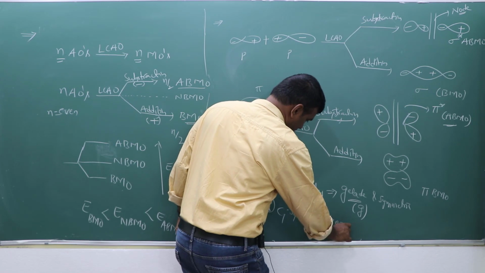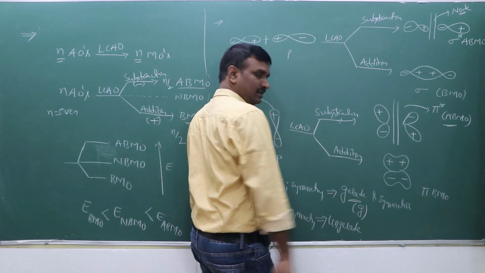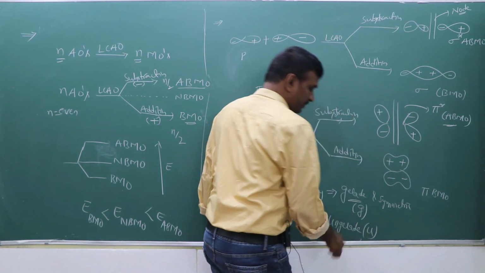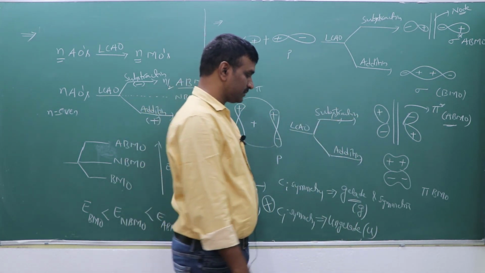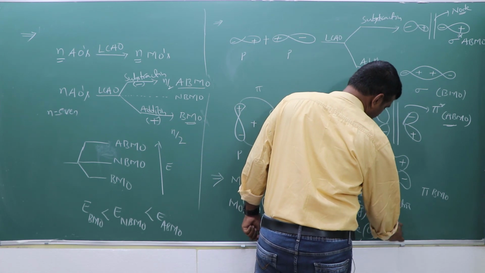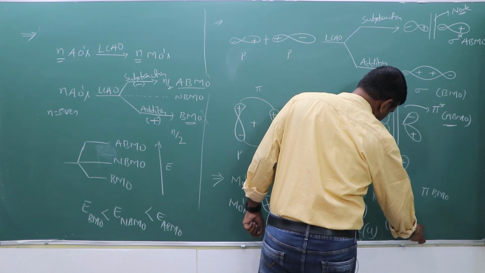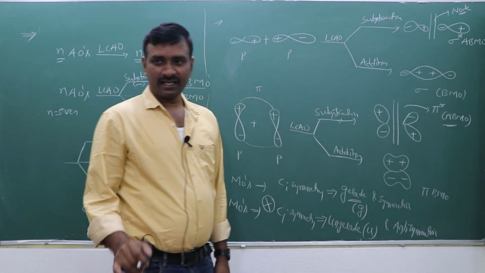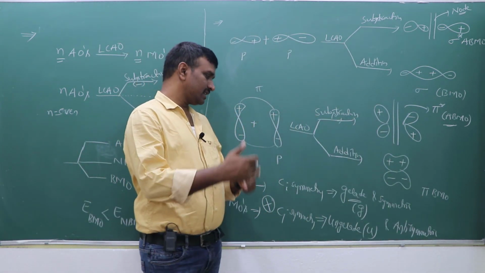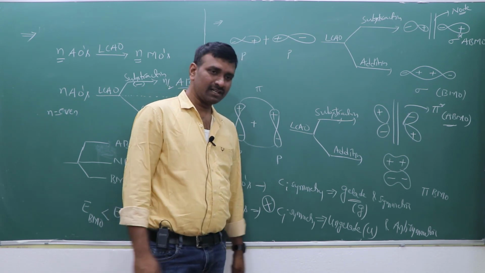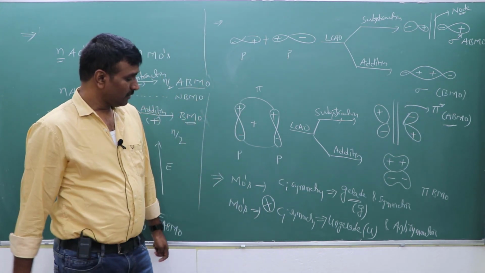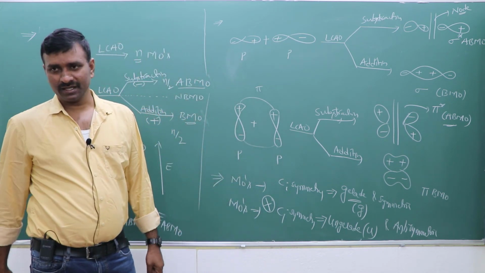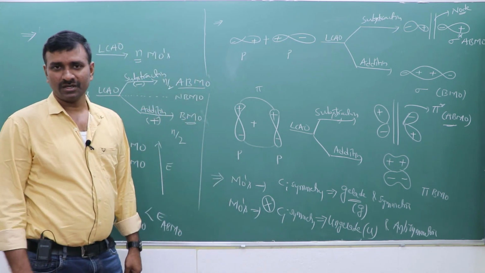This is a German word, ungerade, and it is shown by U. It is considered antisymmetric in nature. Gerade and ungerade also play a key role in the symmetry selection rules for electronic transitions.